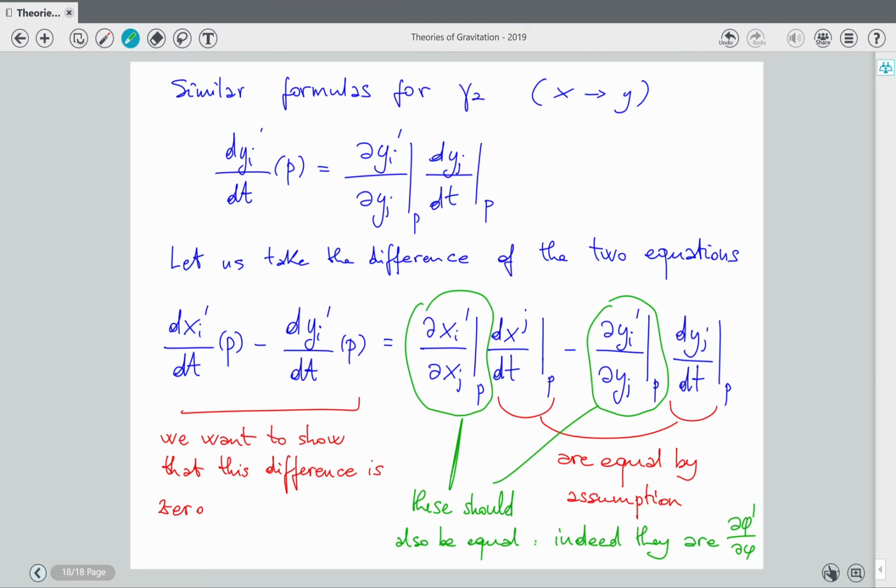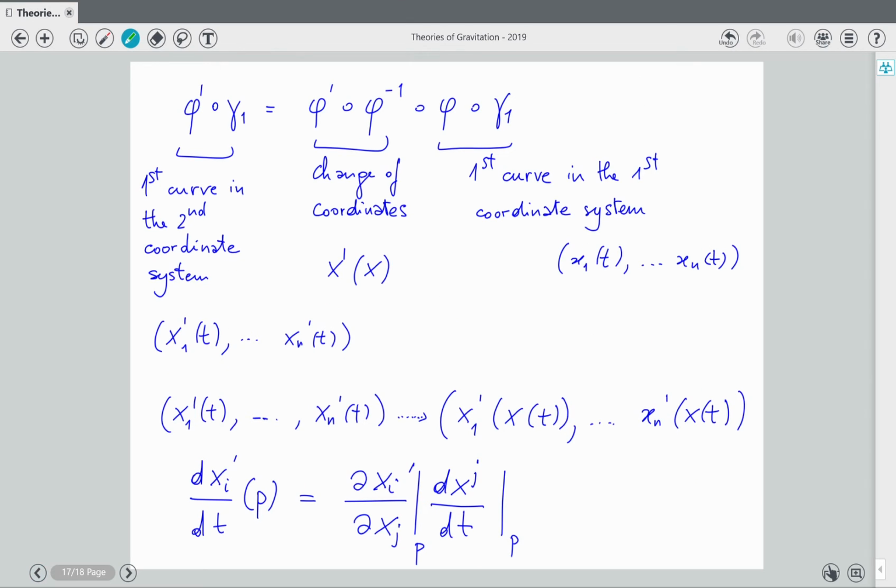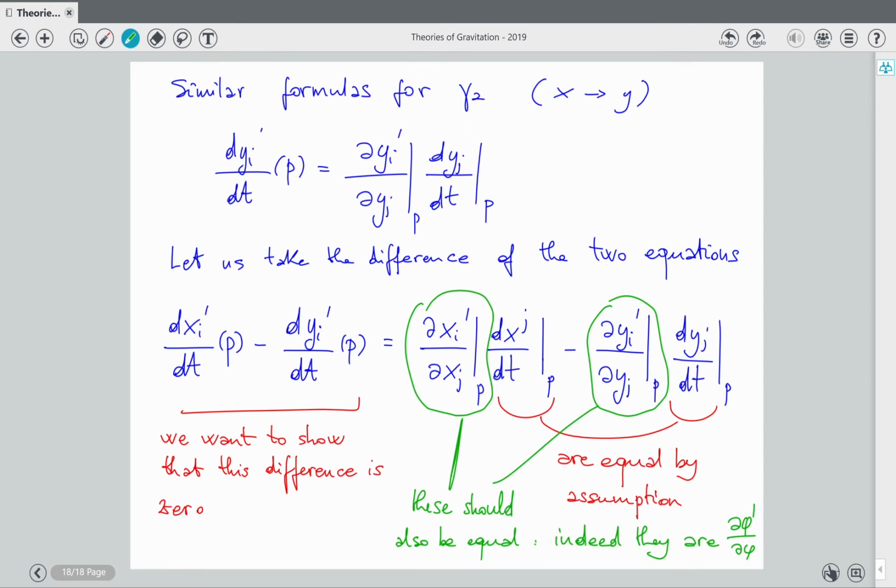So we said previously that this change of coordinates here doesn't know anything about the curves. It's phi prime composed phi minus 1. Let me write it this way. All right.